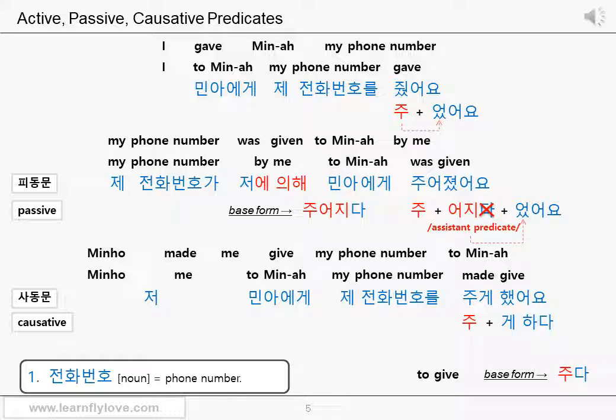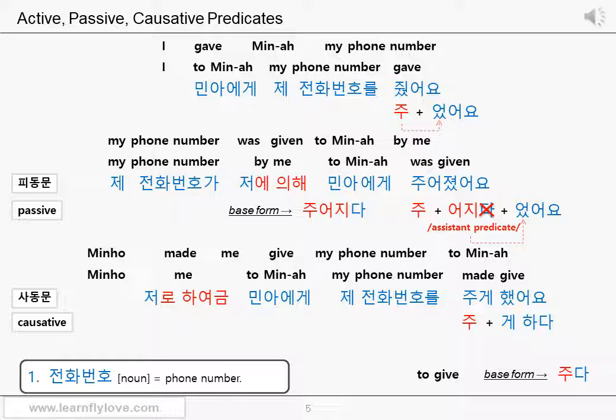You cannot use 에 의해 because it means by someone in the passive sentence. In order to say that someone made you do something, you add 로 하여금 to the pronoun 저, 저로 하여금. 로 is the particle and 하여금 is an adverb, but you don't have to know that.